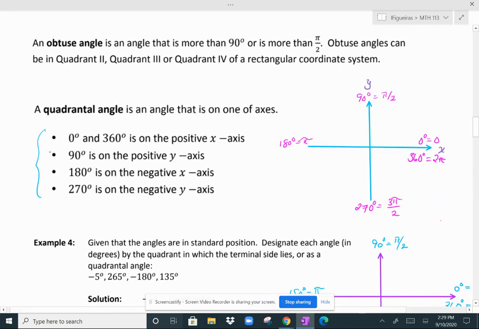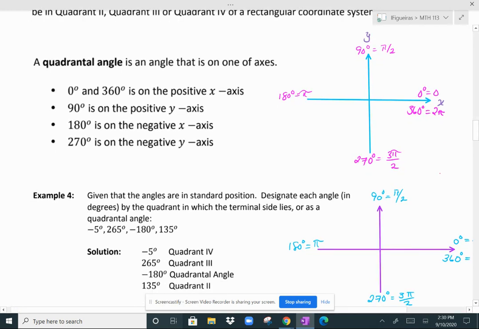Given that the angles below are in standard position, meaning starting on the positive x-axis, designate each angle in degrees by the quadrant in which the terminal side lies, or state if it's a quadrantal angle. All right, so I have negative 5 degrees.